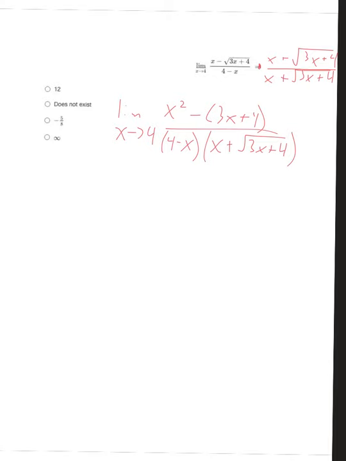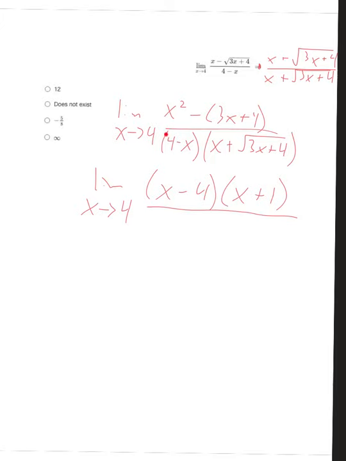So this numerator can factor: limit as x approaches 4 of x minus 4 times x plus 1. Now I'm looking at this in the denominator, I'm thinking, brutal. I have x minus 4, they have 4 minus x, and that's not going to cancel.